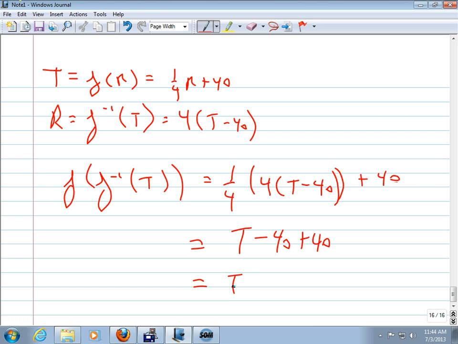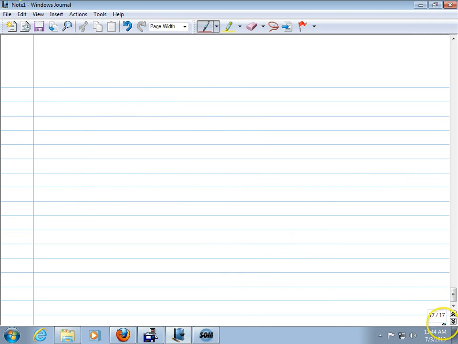It's a way to simplify your equations, is what it is. So now, this is why they do it in Regents class. This is why they do it this way. Let's say that y equals 1/4 x plus 40, and y equals 4 times x minus 40.